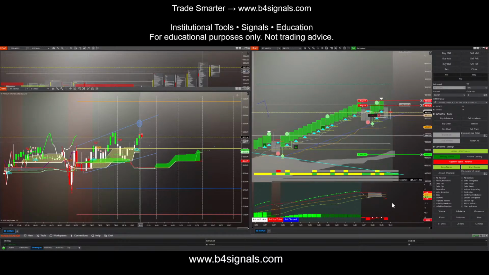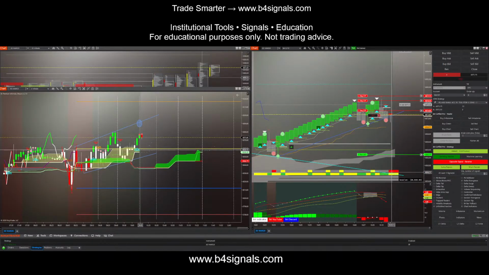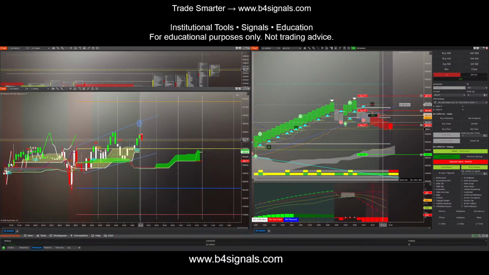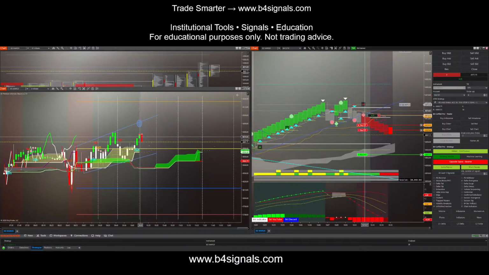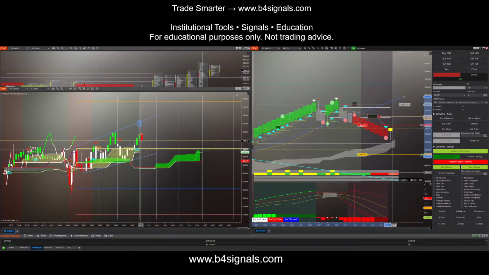Order filled. Number theory works to the short. Stop filled. Stop filled.